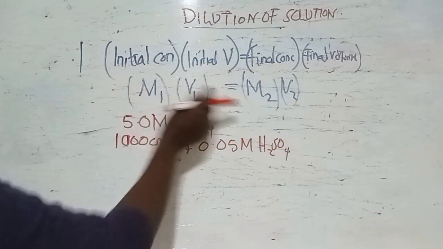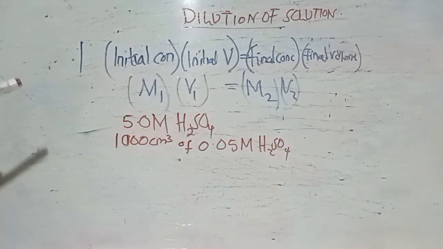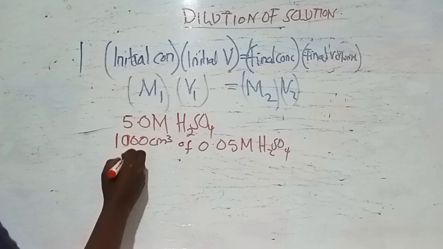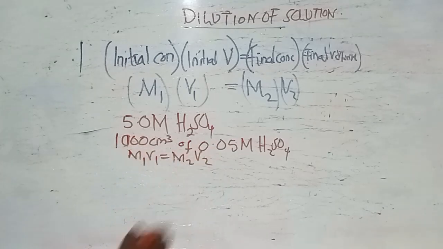So we are going to write the formula, which is M1 V1 is equals to M2 V2.